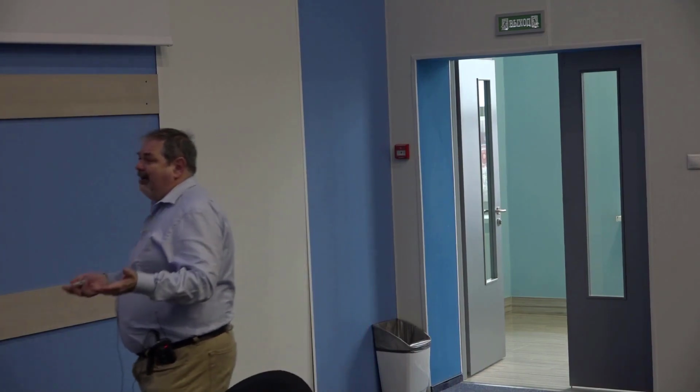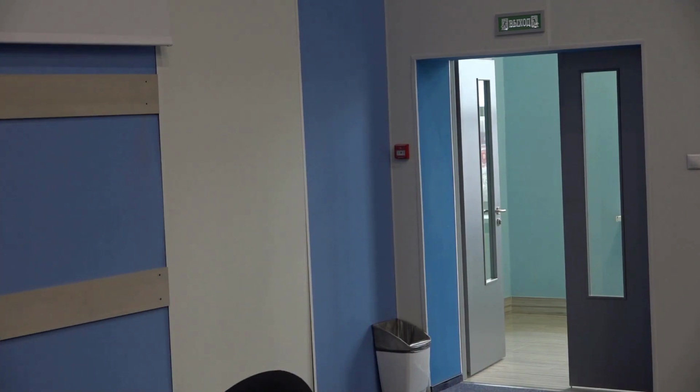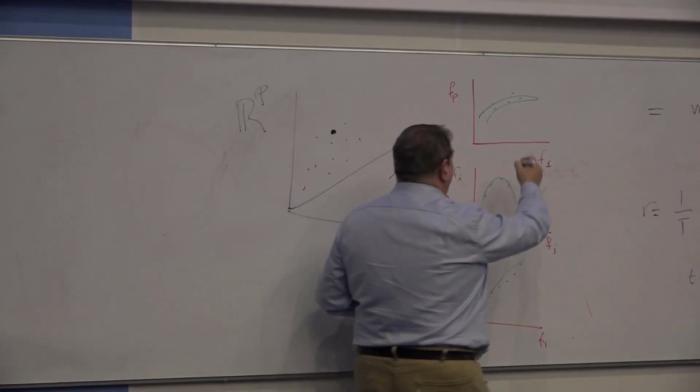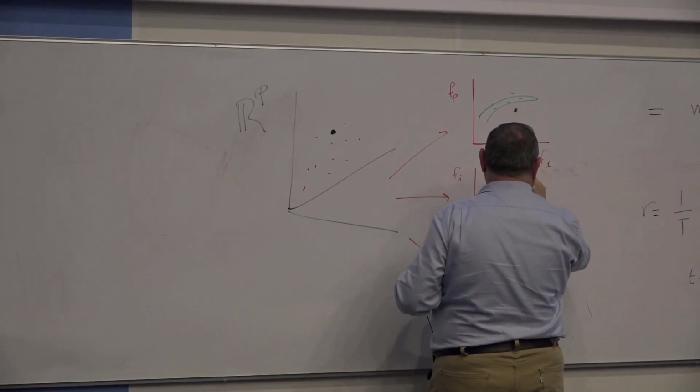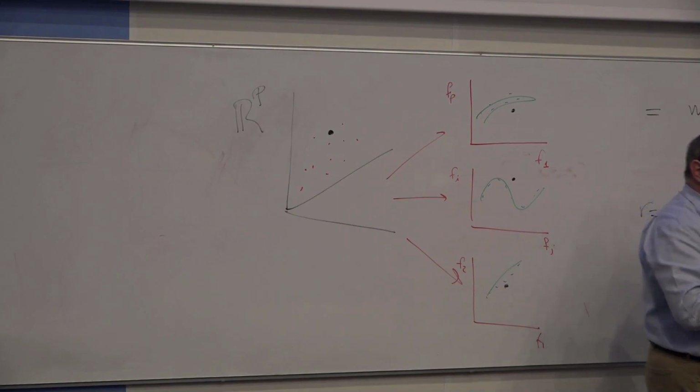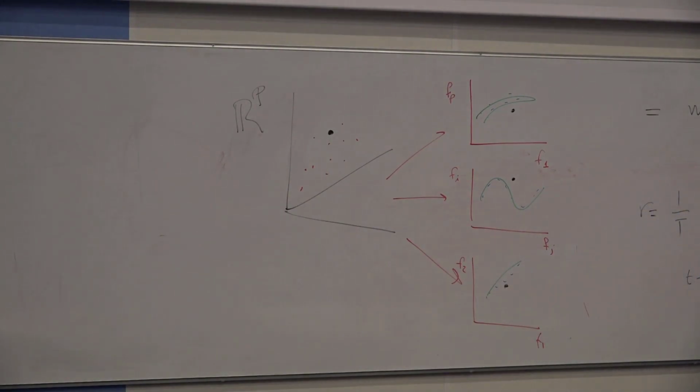Correct? And now an unlabeled subject comes, which is me. Being an unlabeled subject, it is an extra point here, and an extra point here, here, and here. In all of these planes, the new subject is an extra point.